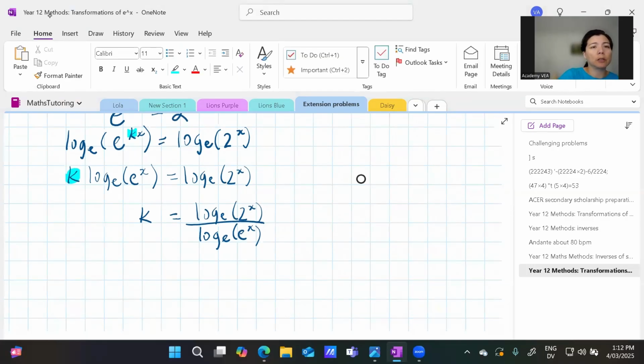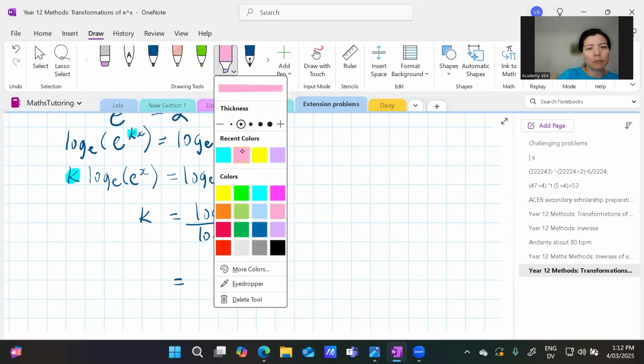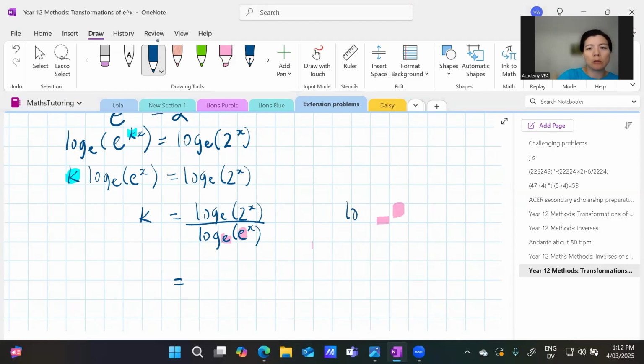You could even go a further step faster and recognize that when you have the same base, for example, log to the base a of a, that equals 1.